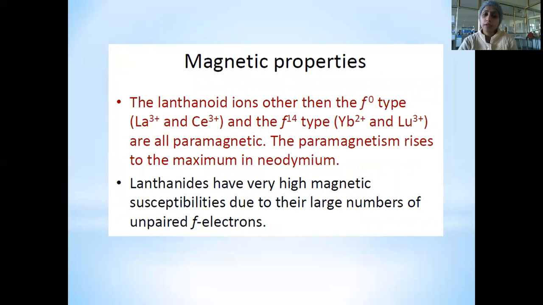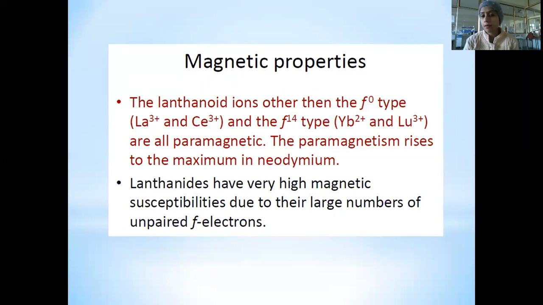Then coming to the next property, that is the magnetic property. The lanthanoid ions, other than the f0 type, like lanthanum trivalent and cerium trivalent, and the f14 type like ytterbium and lutetium, except for these four elements, all are paramagnetic. Paramagnetic means they have one or more unpaired electrons.